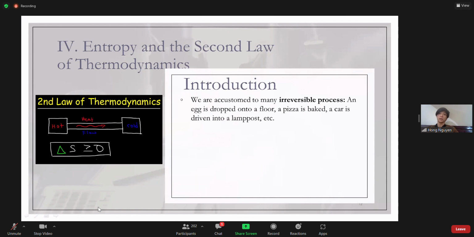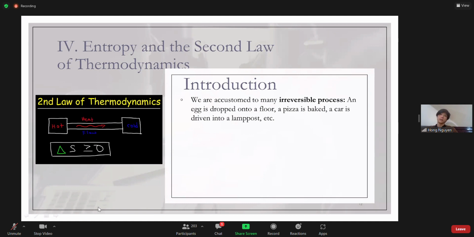There's no way that we can restore one egg that is already broken, right? So you see that this process goes one way only. We have the egg in our hand, we drop it, it will be broken. There's no other direction where the egg from the floor goes into your hand and gathers together to be an intact egg, right?